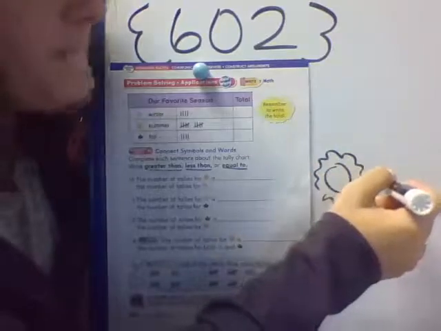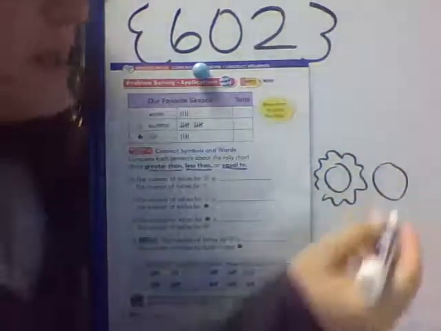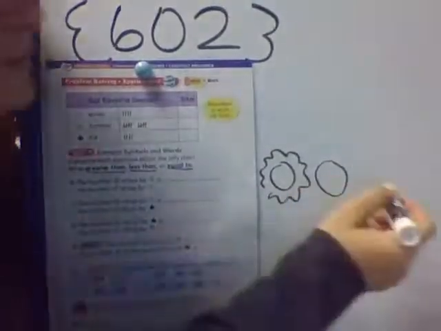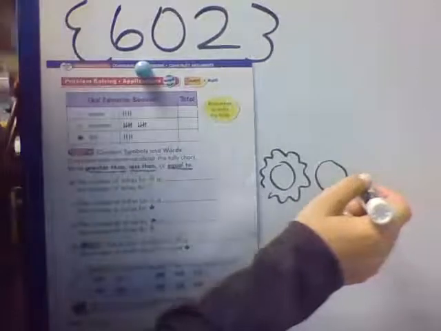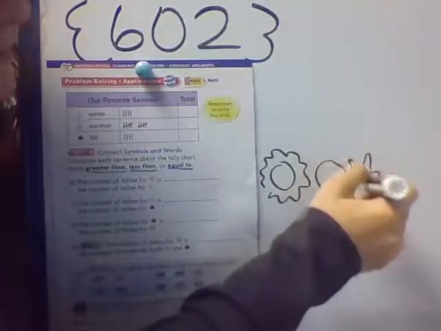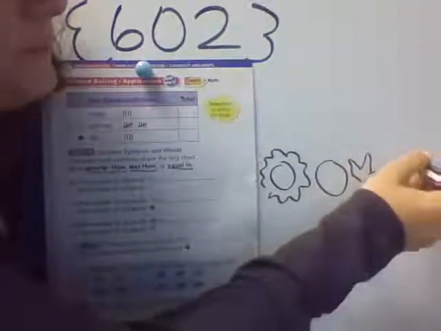And you want to compare it. So you're going to see, is it greater than, less than, or equal to? And you need to add two things. So for that one, you want to add your leaf for the fall and your snowflake.